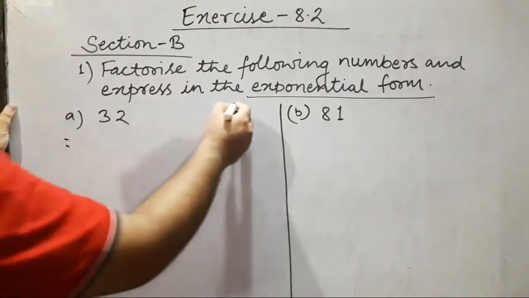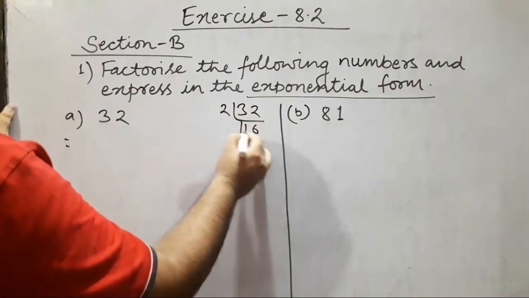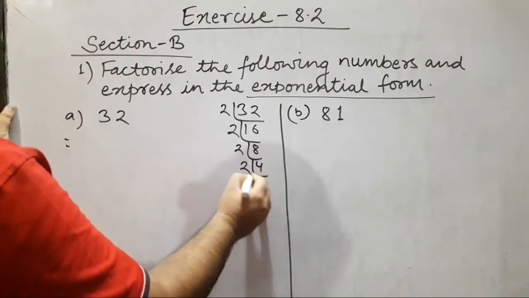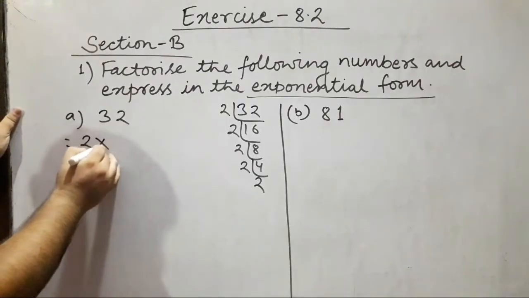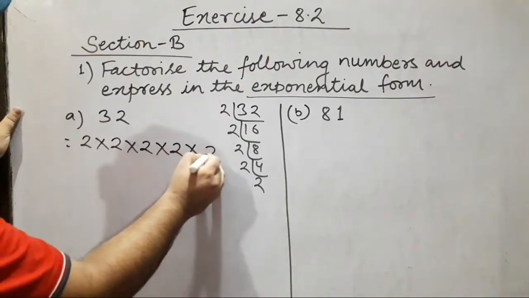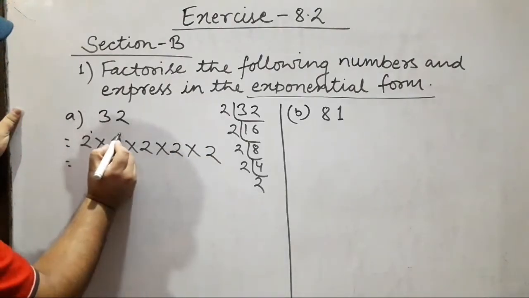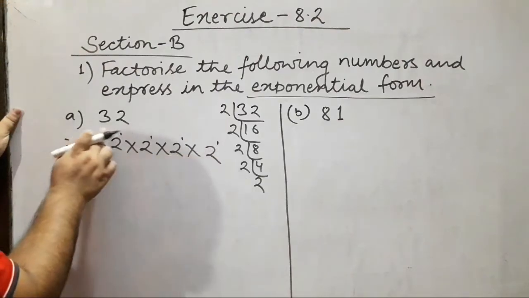Let's factorize 32: 2 times 16 is 32, 2 times 8 is 16, 2 times 4 is 8, 2 times 2 is 4. So 32 can be written as 2 into 2 into 2 into 2 into 2. We can see that every 2 has power 1. No power indicates the power is 1.